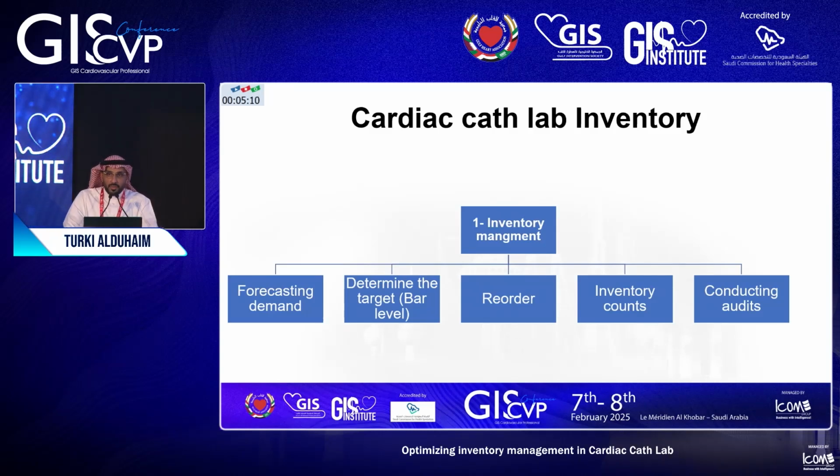Usually we put a par level for 3 months, which means if your consumption is 120 per year, you should keep 30. In the other part, whenever you have half of it, half the quantity, it becomes the reorder point. This will give you room: if you have 15, it will give you room to order from the company, and you have about 1.5 months.